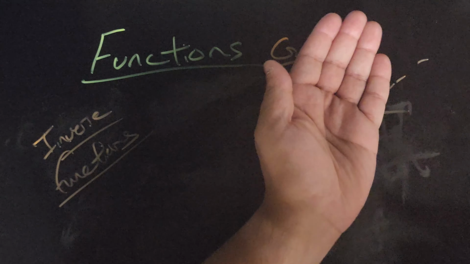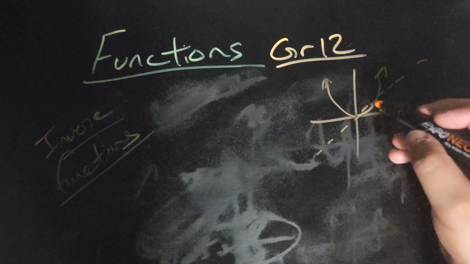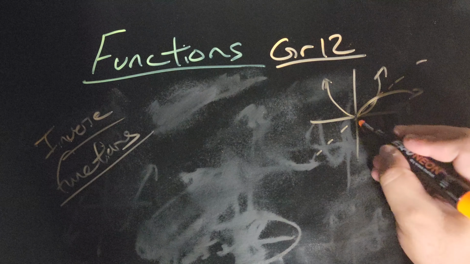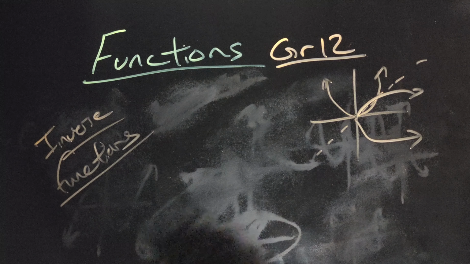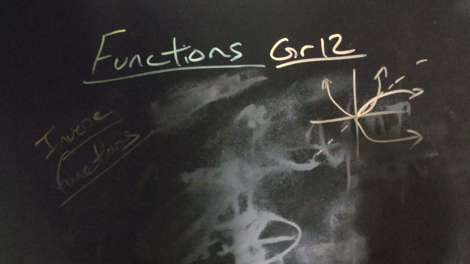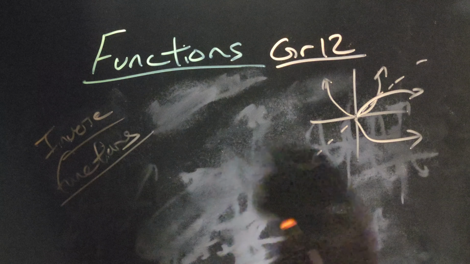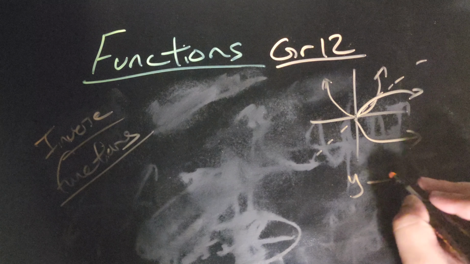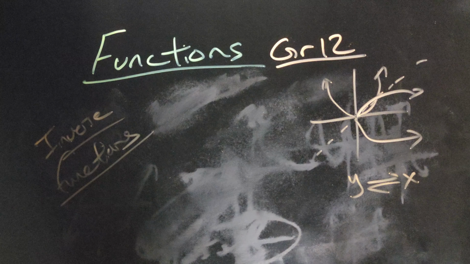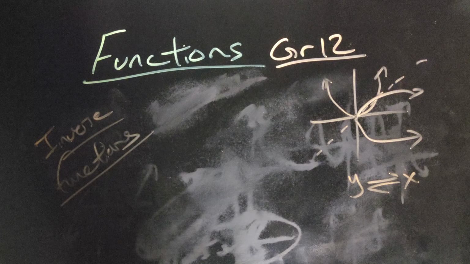So whatever this is, you just flip it like that. But if you wanted to do it algebraically, you just swap out the x and y and isolate for y again.